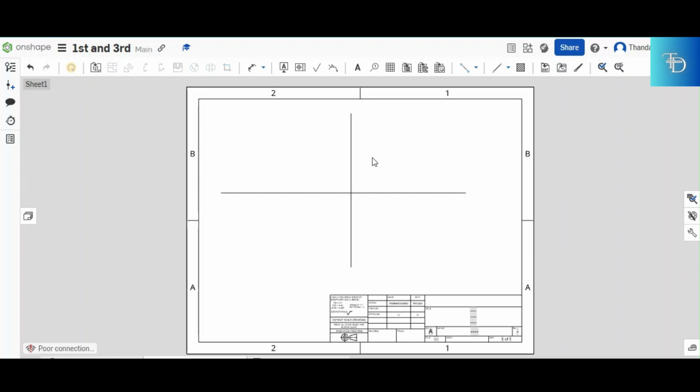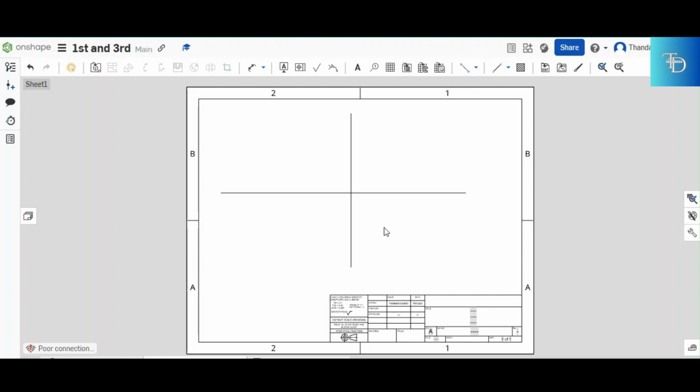So the positioning of the third angle orthographic projection views differs from the first angle. On the third angle, you put the top view at the first quadrant, at the top right there. And then at the bottom, you put your what? You put your front view. And then on the right hand side of the front view, you put the right view. It puts everything as it is. That's what a third angle does.